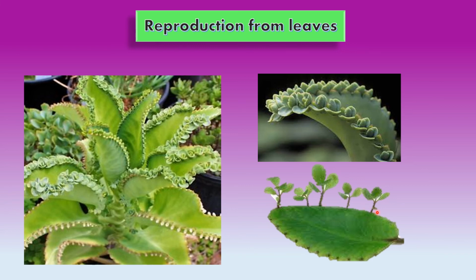They will fall down on the ground, and when they come in contact with soil, they will grow into a new plant. Okay, this is how reproduction from leaves takes place. Is it clear?